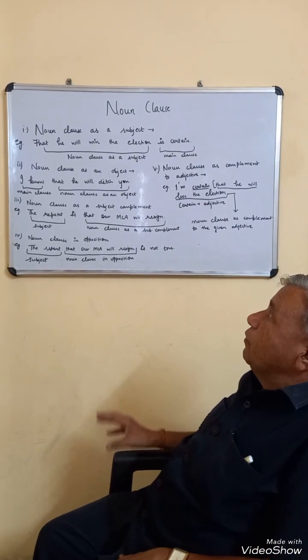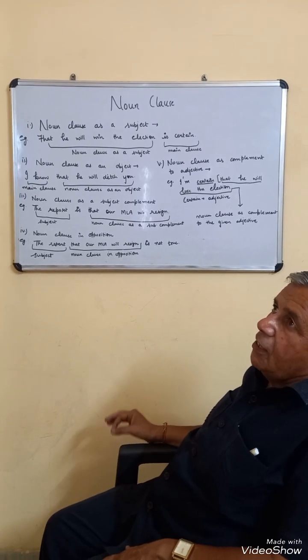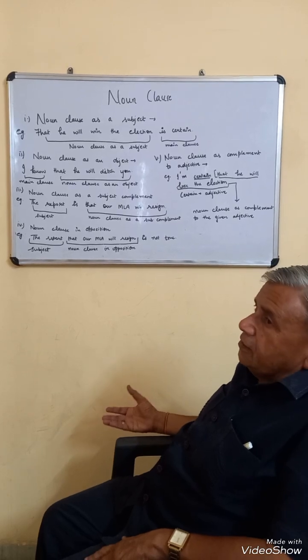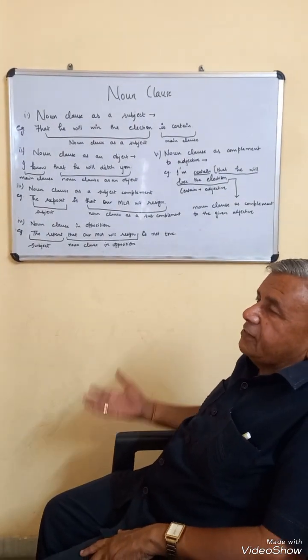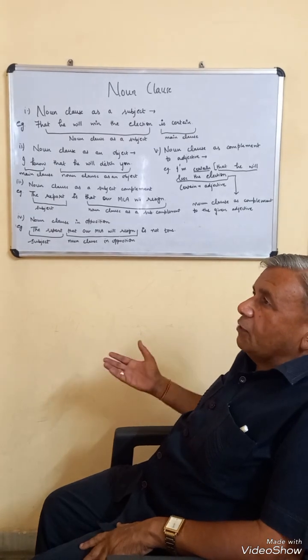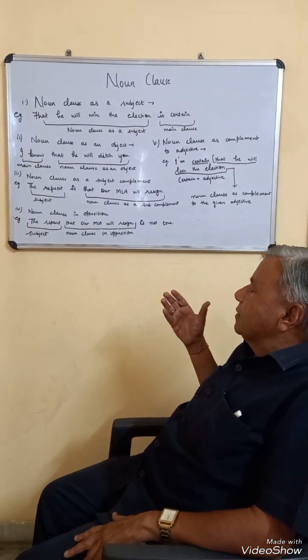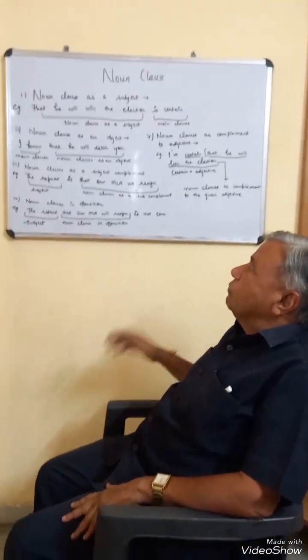A noun clause performs all those functions which are performed by a noun or noun phrase. A noun can be used as subject, as object, as subject complement, and as complement to an adjective. The same is the case with the noun clause.